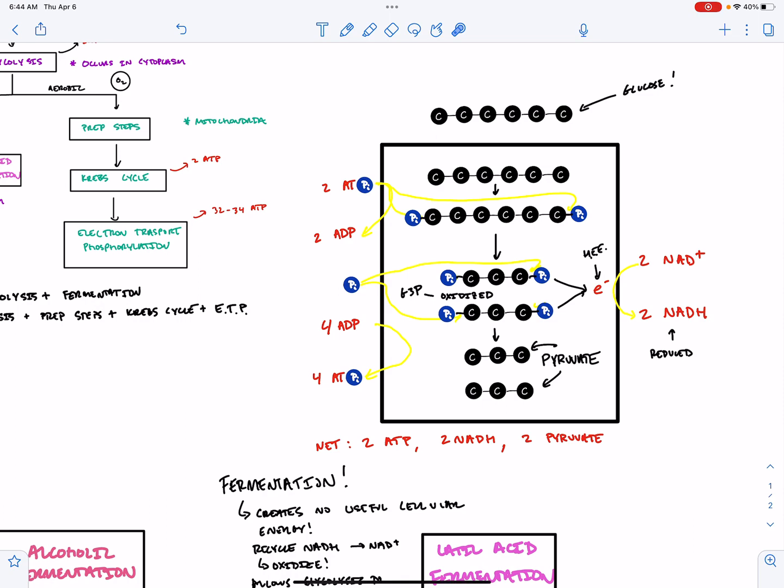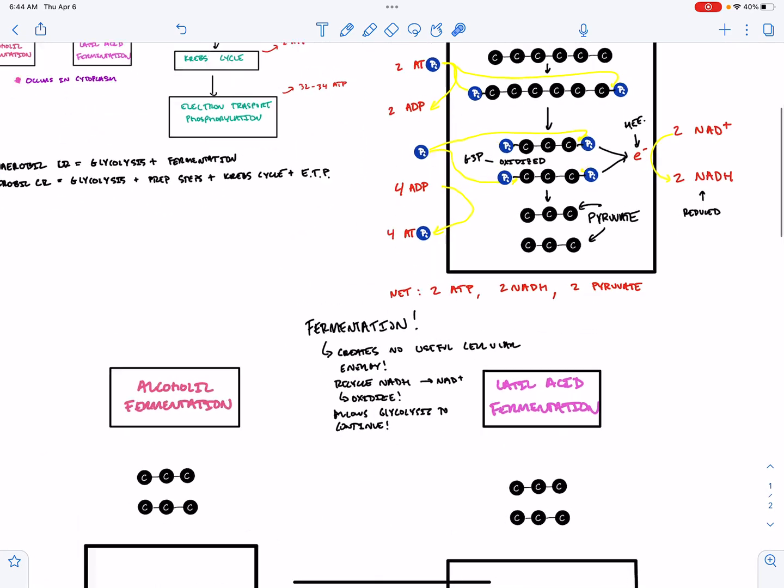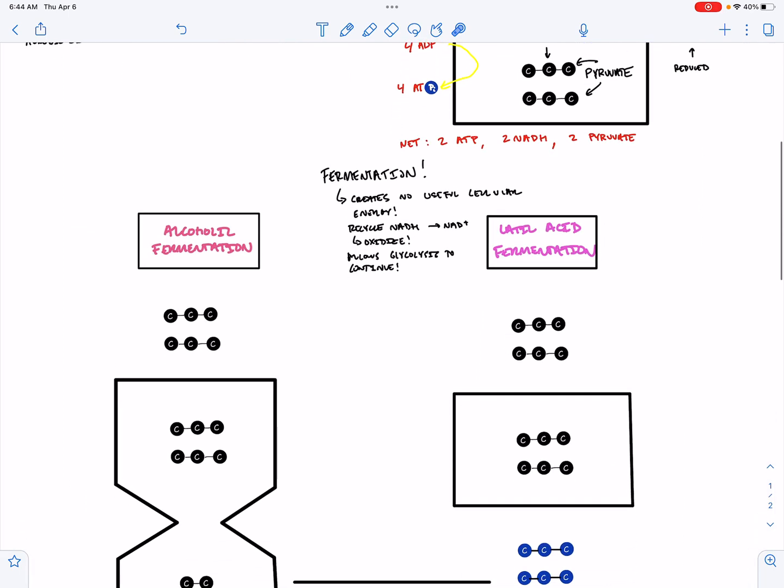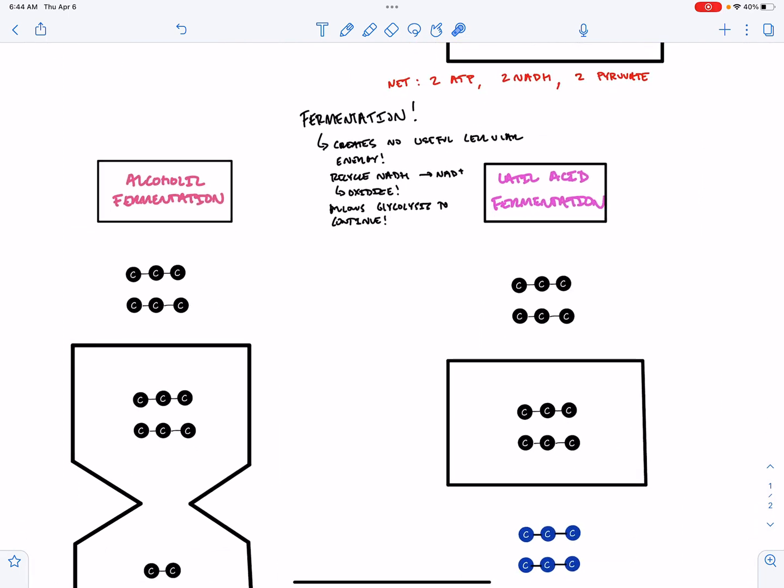And that means we are not making ATP. Even though it's just a small amount of ATP, it's better than nothing. So the point of fermentation is to recycle NADH, free it back up into NAD plus by oxidizing it and allowing glycolysis to continue. So let's talk about how that happens.